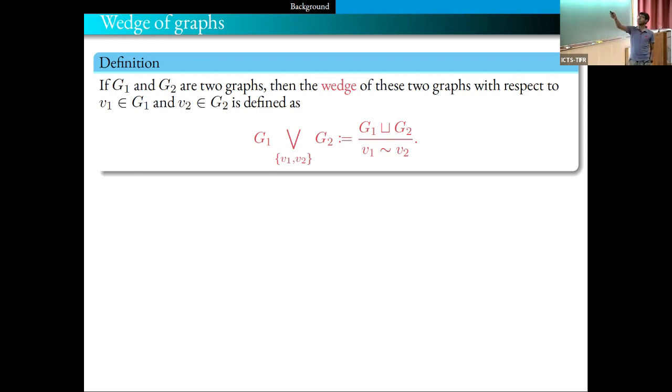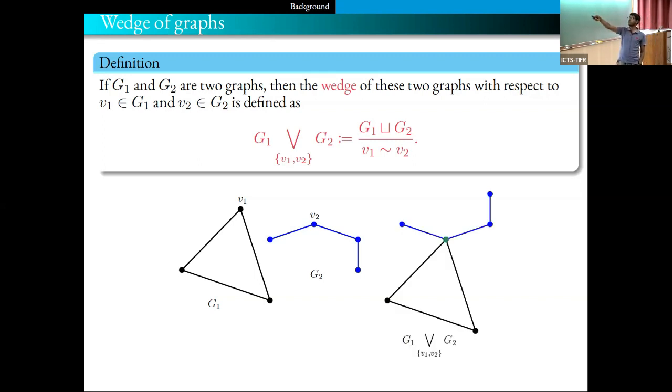Mathematically, you take the disjoint union of G1 and G2, one copy of each, and quotient by identifying V1 and V2, which means you are joining the two vertices. Pictorially, if you have G1 and G2, and suppose these are V1 and V2, then the wedge of G1 with G2 is just joining along V1 and V2.